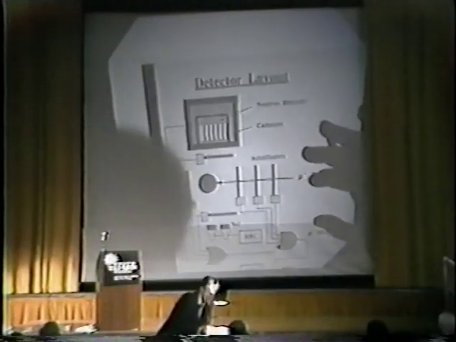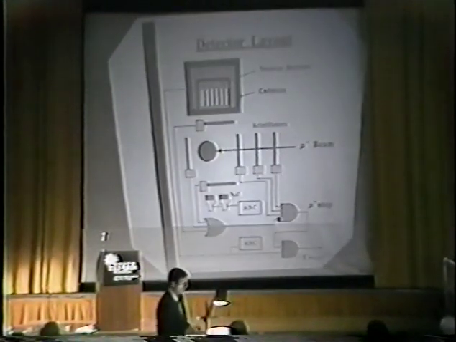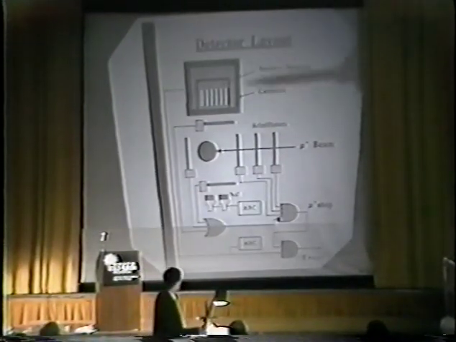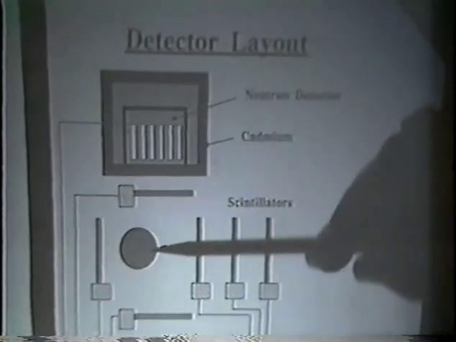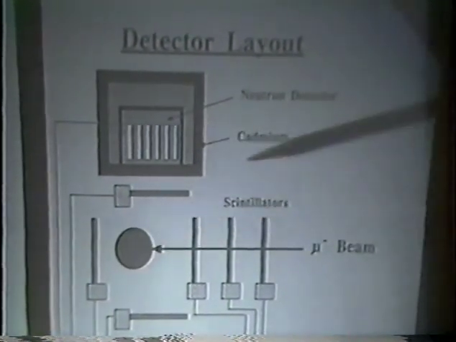Now we're also upgrading our detector. As you saw in the view graphs earlier, the neutron detector is to the side of the target, so you only have a small solid angle.